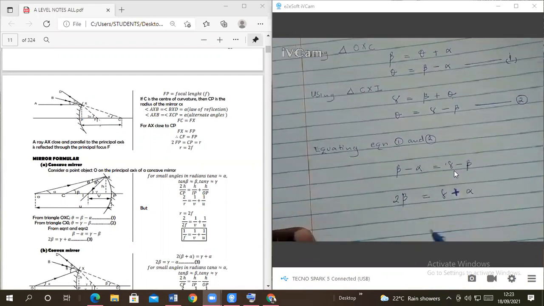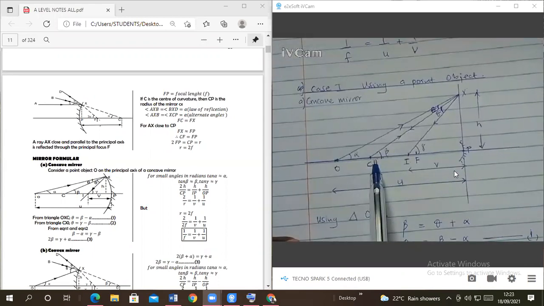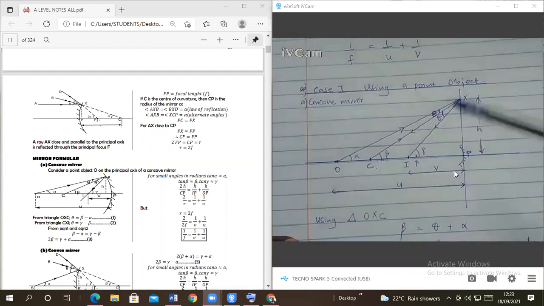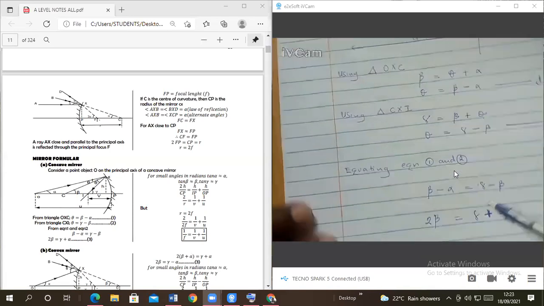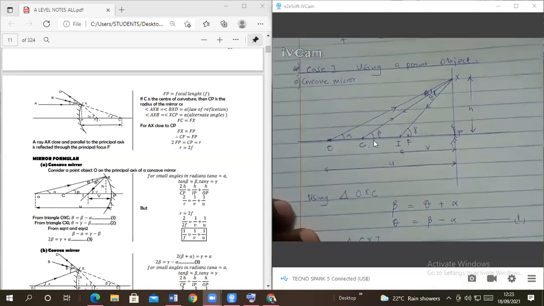Okay, thank you. So now we are going to express beta. This angle beta, we are going to find the tan using the triangle CPX. So using the triangle CPX, we can find tan beta. From this diagram here, tan beta is equal to PX over CP.